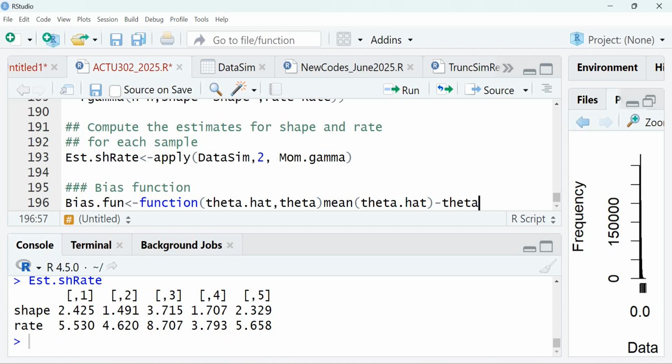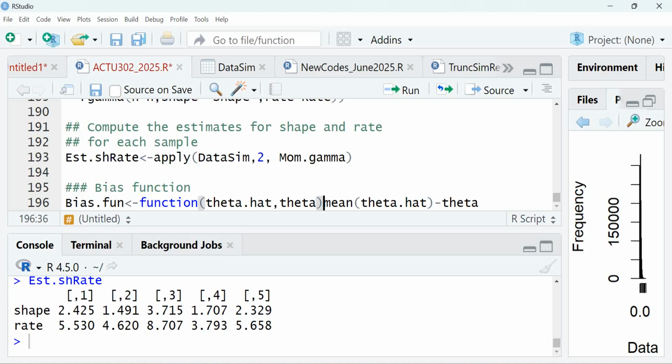Mean is not, it's a statistic. We need theta hat and theta. Of course, you need the estimates as well as the parameter. So it's the same as that of the bias, right? Do you want us to write a separate function, or we should put them together? Okay. So we can combine them.